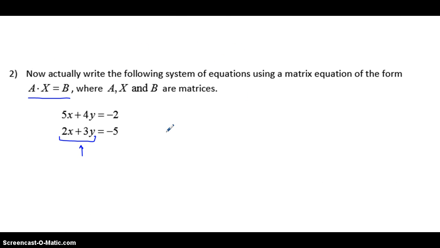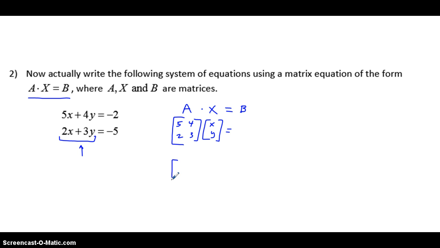So that's what we're going to do. We're going to write the left side of the equation as 5, 2, 4, 3 times this matrix x, y. We're going to think of this matrix as A, this matrix as X, and we want to write this as a matrix equation, so we need another matrix here, B.